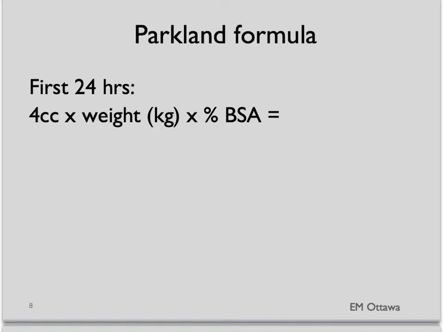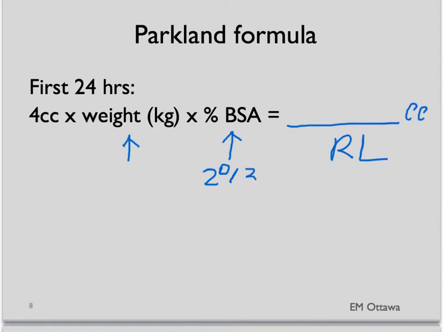This number you get will have a unit in cc of fluid, usually Ringer's lactate. So note that the weight is in kilogram, not pounds, and the percentage burn is the amount of burn that includes second degree, third, and fourth, not first.